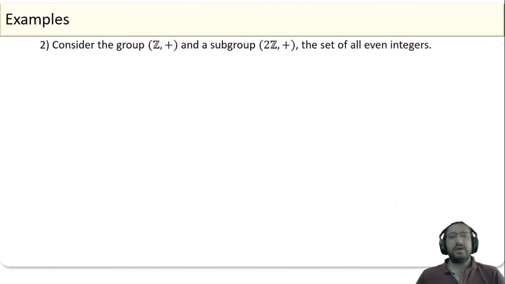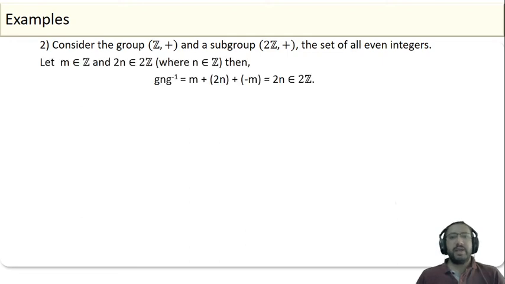Also consider the set of integers with respect to addition and the subgroup of even integers with respect to addition. So take any integer m belonging to Z and 2n belonging to 2Z, then g n g inverse is nothing but m plus 2n plus minus m, remembering the binary operation is addition here, which remains 2n, which clearly belongs to the set of even integers.